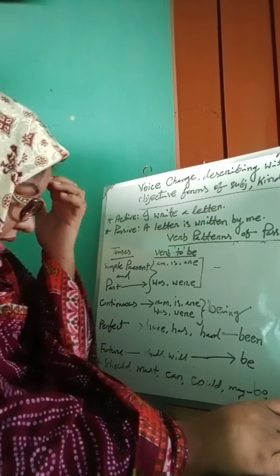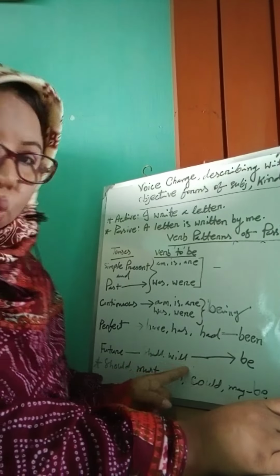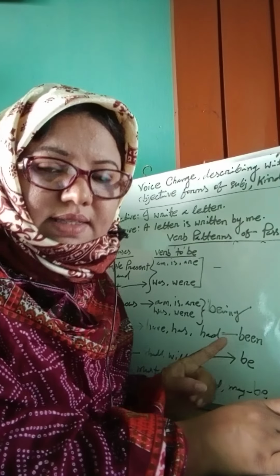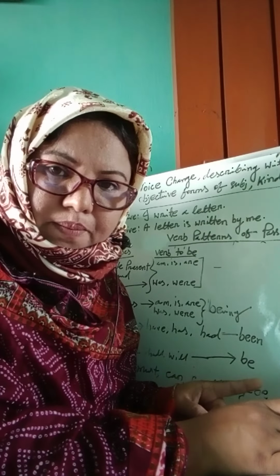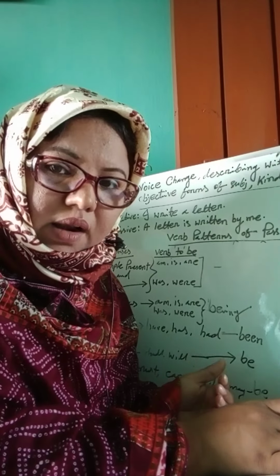And verb 3, the main verb, will be in the form of past participle all the time. And in case of shall, will, be is added before the main verb, that is, be is added after shall or will. I will do the work.